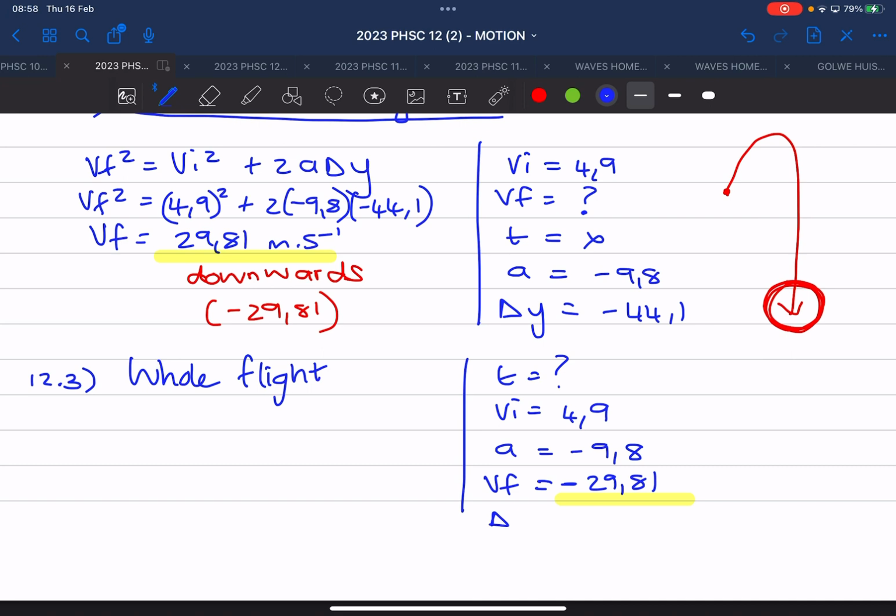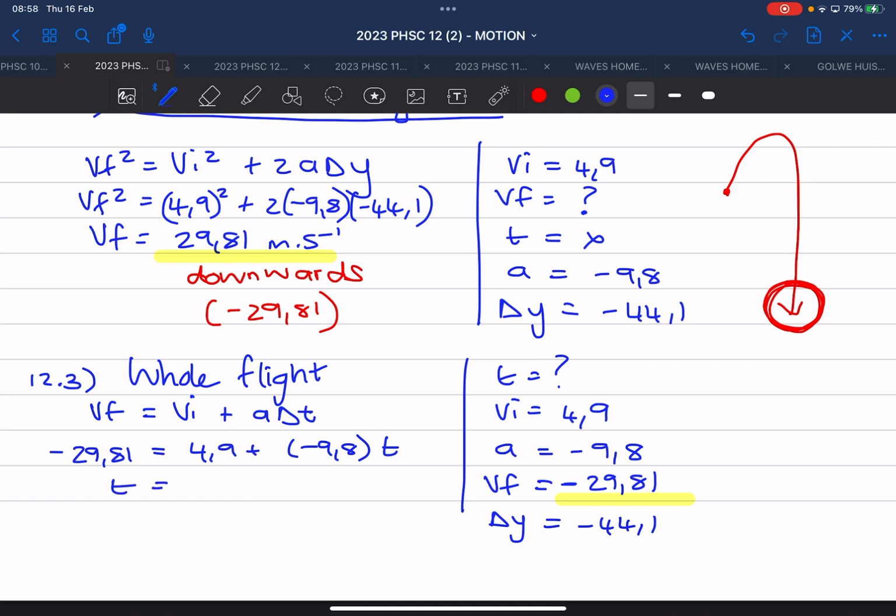Okay, and then we do have the displacement negative 44.1. So you could have used any formula because we have all the information. I'm going to use this one because it's the easiest one for me to use. And you get the time to be 3.54 seconds. Can time be negative? No. So if you do get a negative answer, you know somewhere you just have a direction wrong.